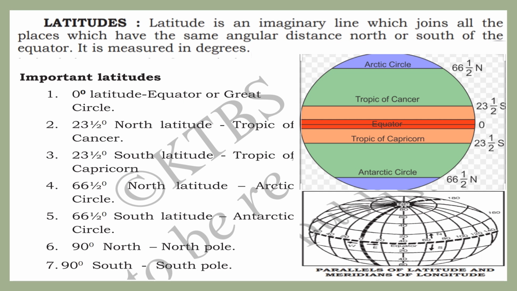Next, 66.5 degrees north latitude is the Arctic Circle, and 66.5 degrees south latitude is the Antarctic Circle, and 90 degrees north is called the North Pole, and 90 degrees south is called the South Pole. These are the important latitudes.